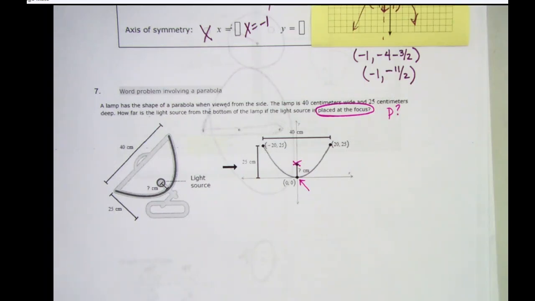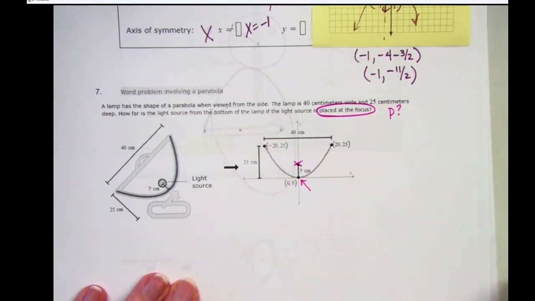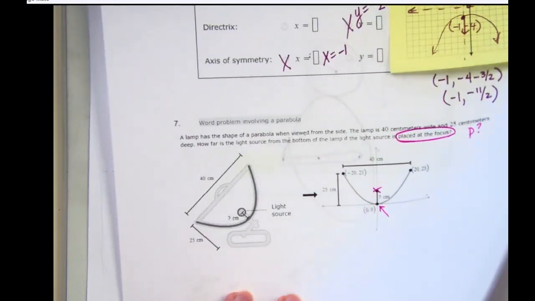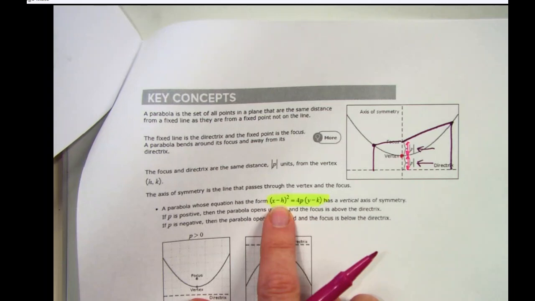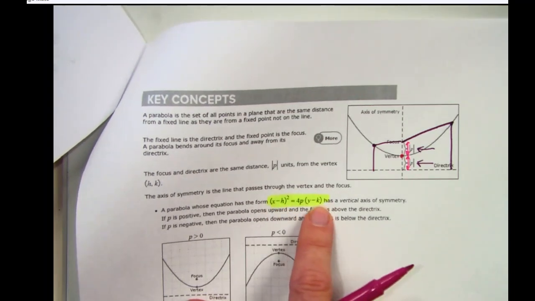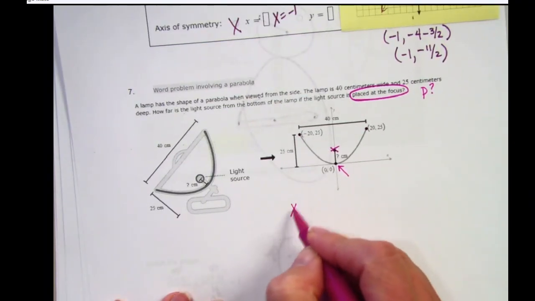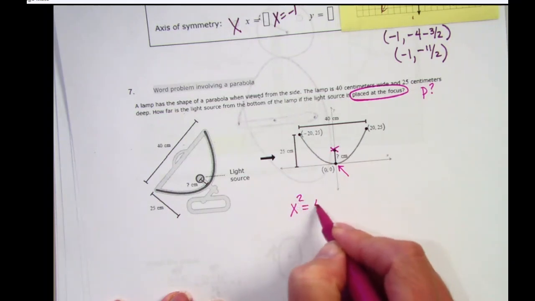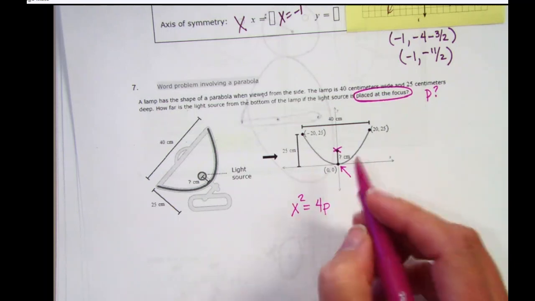Because I've got the 0. So it opens up. So let's go back to our little formula here. If it opens up, which one are we doing? This guy? All right, but we already said the h is going to be 0 and the k is going to be 0. So we will have x squared equals 4p times what?